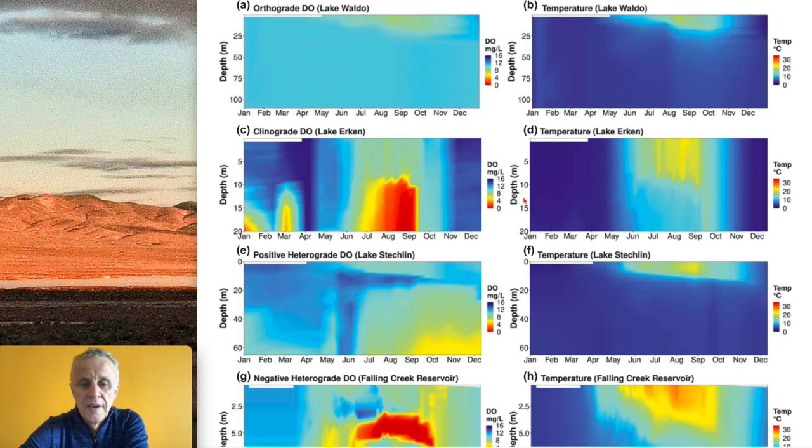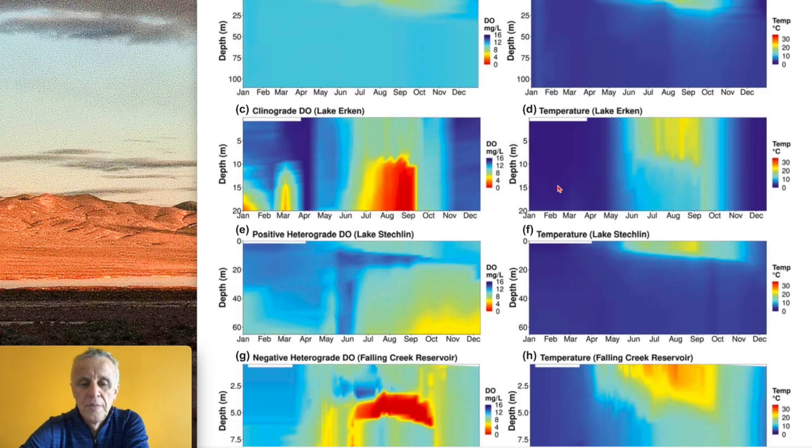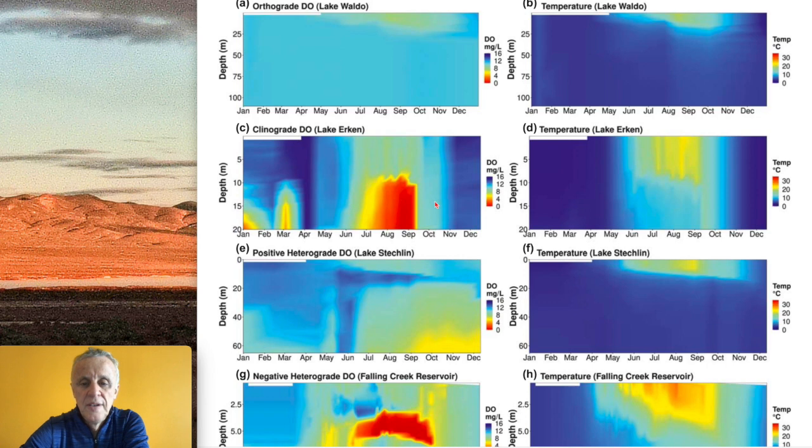Clinograde dissolved oxygen. This is for Lake Erken. Here we do see a change in concentration of dissolved oxygen, especially at depth, and more than once. Especially in the summer, we have a loss of oxygen at depth.